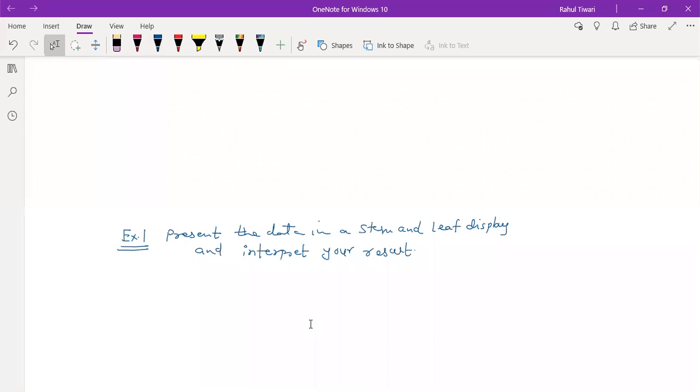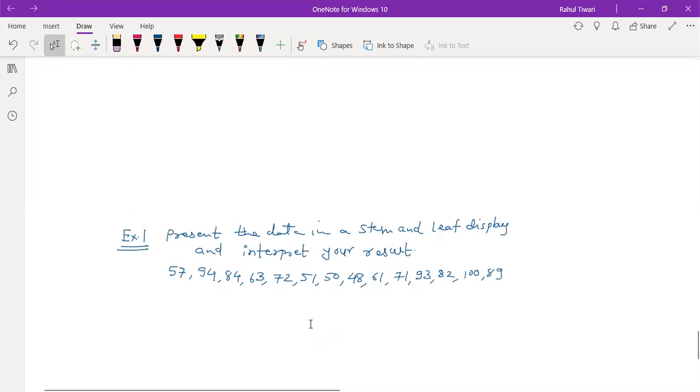For example, let's say 57, 94, 84, 63, 72, 51, 50, 48, 61, 71, 93, 82, 100, 89, 67, 78, 70.